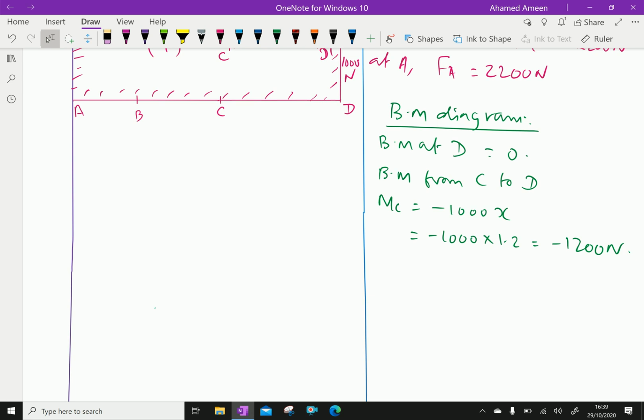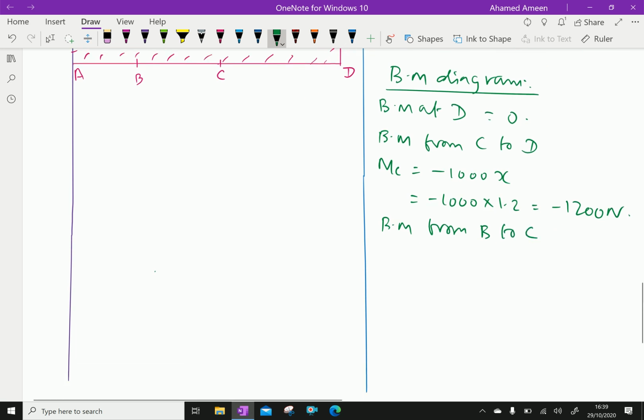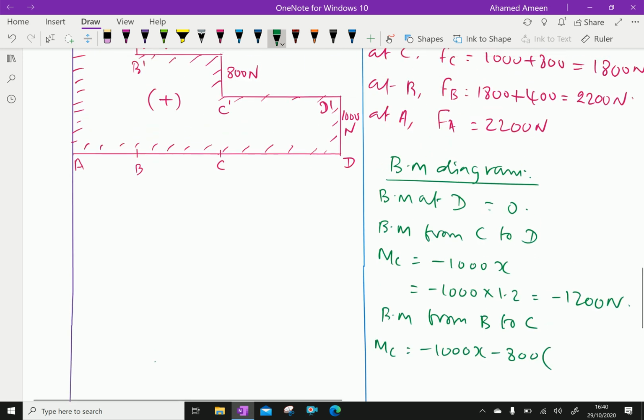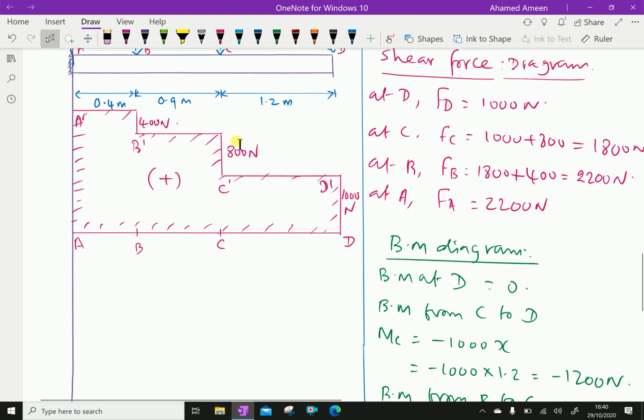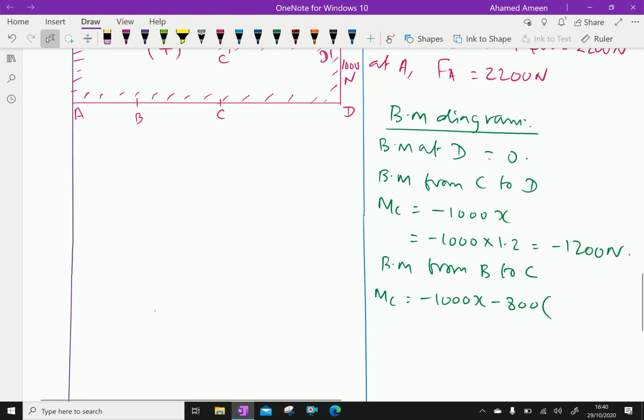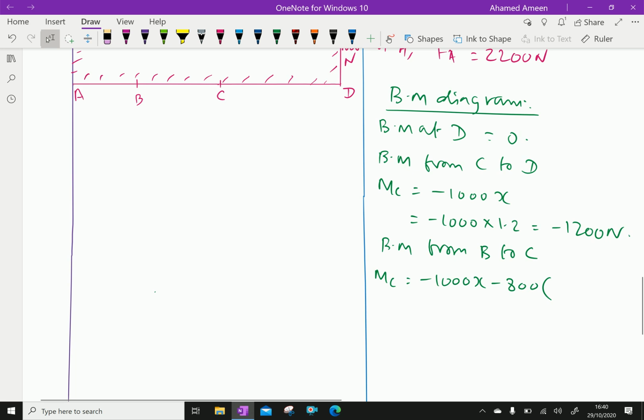Next, BM from B to C: MB equals minus 1000 x minus 800 into (x minus 0.9).